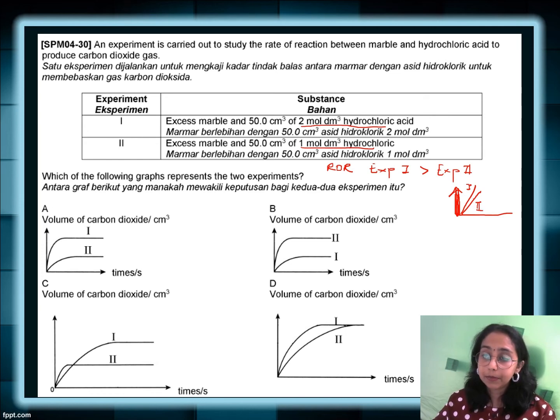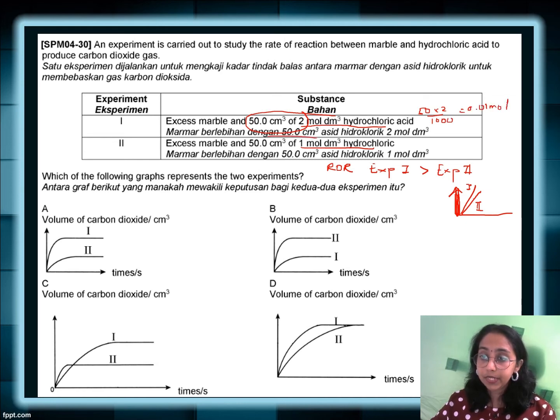Look at the number of moles. 50 times 2, we're going to get 0.01, whereas this is going to be 0.005. So the number of moles for experiment 1 and 2 is not the same. So please do your calculation. 50 times 2 divided by 1000, you get 0.01.